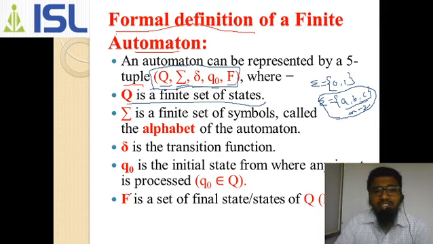Sigma is a finite set of symbols called the alphabet of the automaton. So whatever is in the sigma, that is what we call the alphabet.